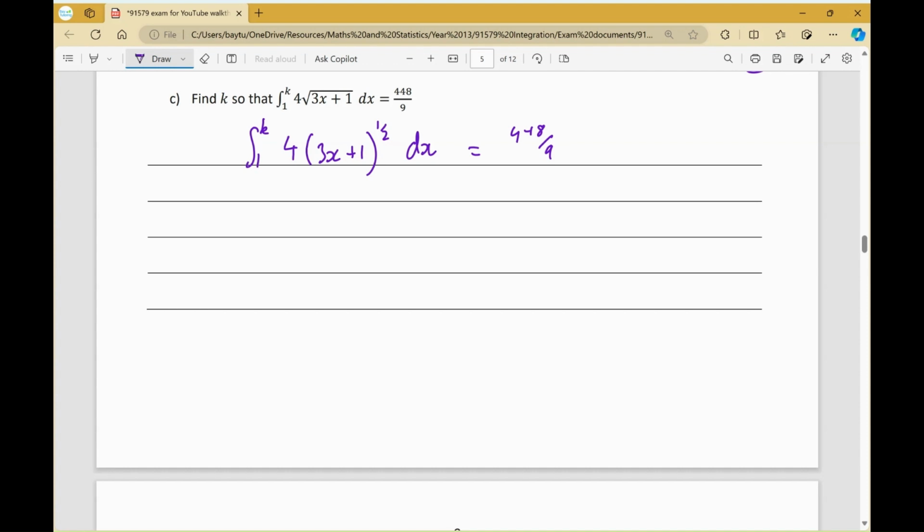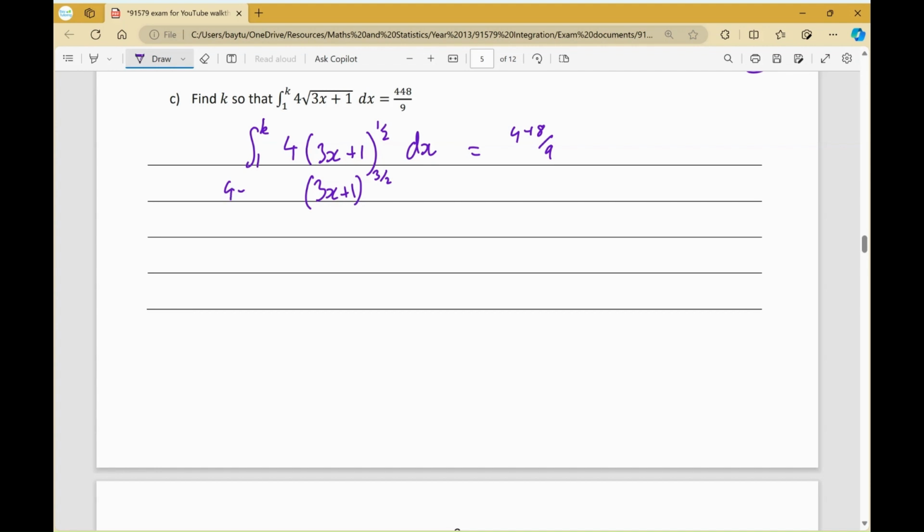So we've got to think kind of chain rule again in reverse here. So we are going to have 3x plus 1. So add 1 to the power is 3 over 2. Then we divide by that and by the derivative of what's in here.